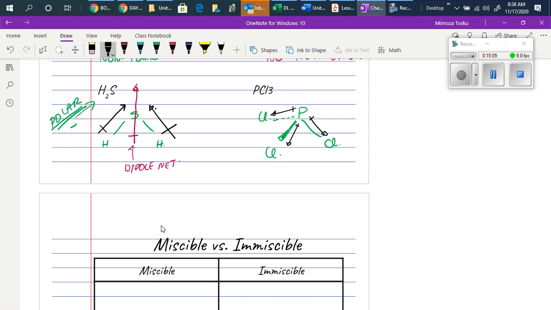They are the same values, but they do not cancel out. The dipoles will not cancel out, creating a net dipole. That means that we will have a polar molecule.